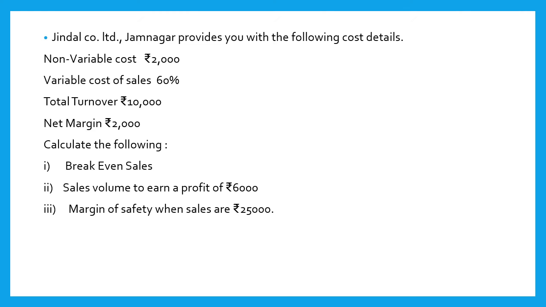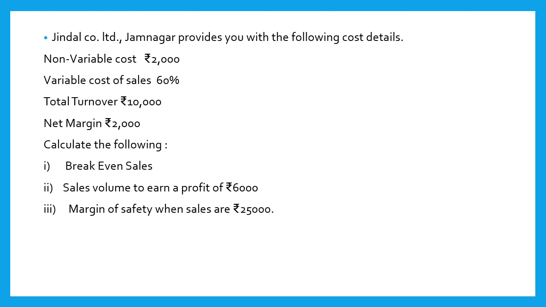Let us understand the next example. Jindal Company Limited, Jamnagar provides you with the following cost details. Non-variable cost of rupees 2,000. Non-variable, that means it will be a fixed cost. Variable cost of sales is 60%. Total turnover is rupees 10,000.